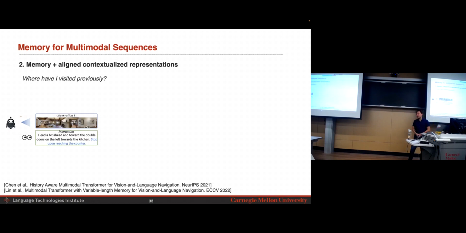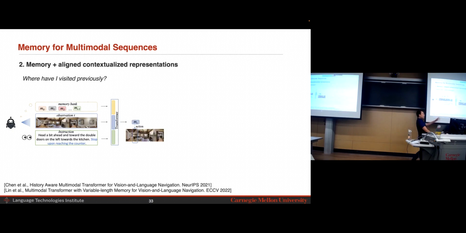But one question you probably want to ask is, can the robot keep track of where it has visited previously? You don't want a robot to keep moving around in a circle. So one very simple idea is to equip this robot with a memory bank, taking either representations or states, or representations of the states, of all the locations that it has visited previously while trying to navigate towards the correct location.